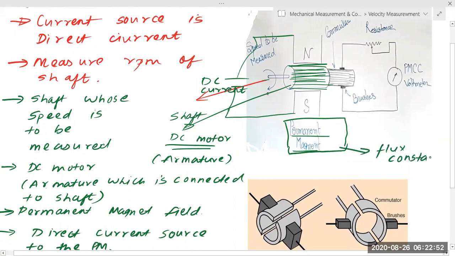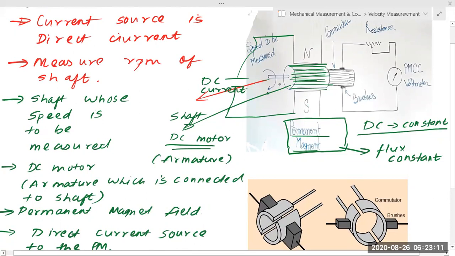The flux will be constant because the DC current is constant. If the DC current is constant, the flux generated by the north and the south pole of the magnet will have constant value.